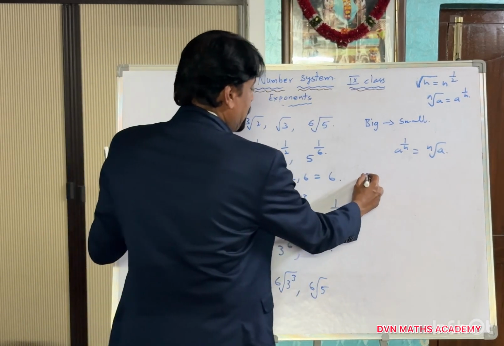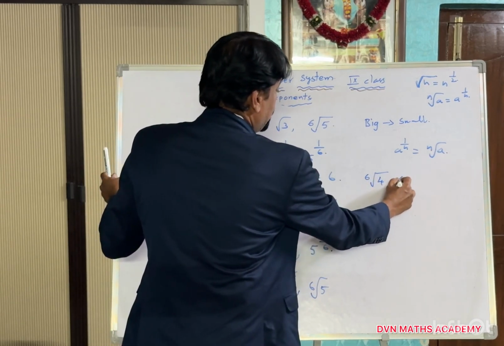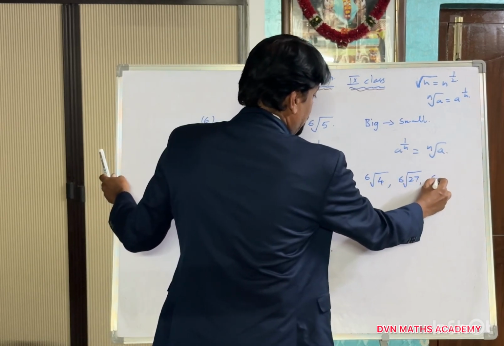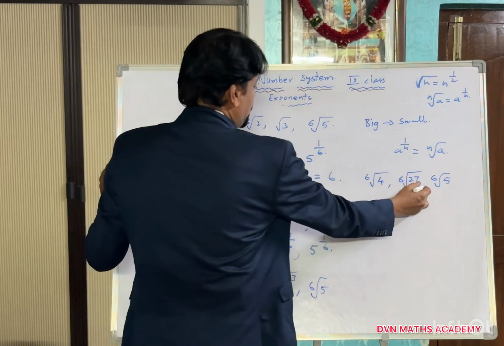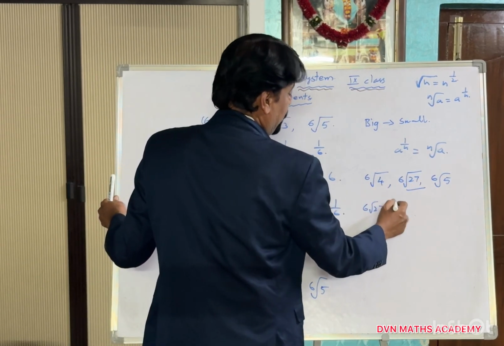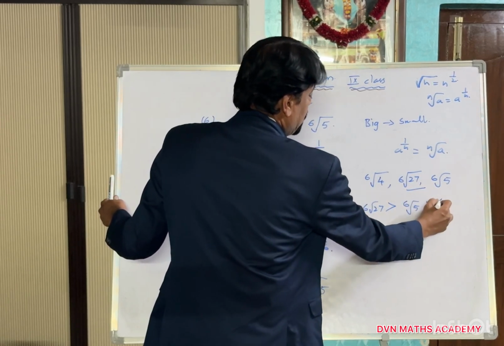Now the sixth root of 2 squared is the sixth root of 4, the sixth root of 3 cubed is the sixth root of 27, and this is the sixth root of 5. Now you can easily say this is the big one: the sixth root of 27 is greater than the sixth root of 5, and the next is the sixth root of 4.